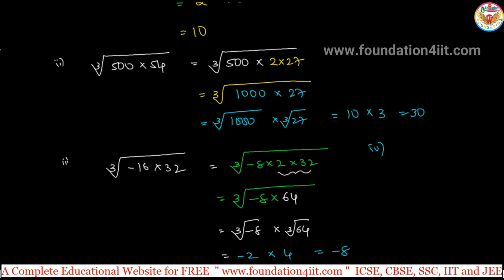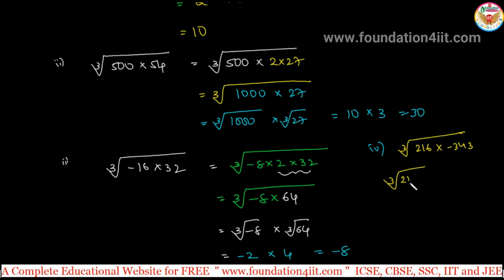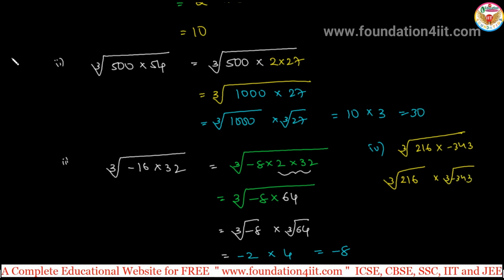Okay, see one more example. Cube root of 216 into minus 343 is the question. Don't multiply. We know 216 and 343 are perfect cubes. So cube root of 216 is 6.